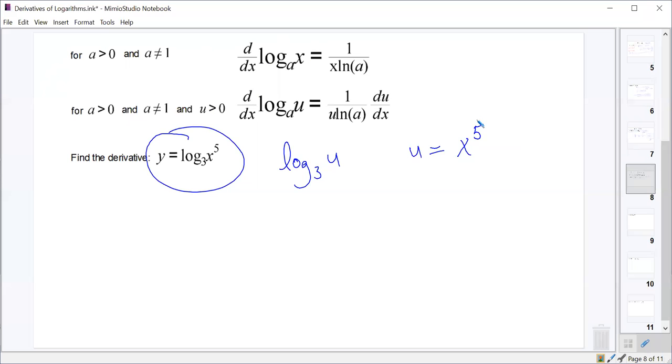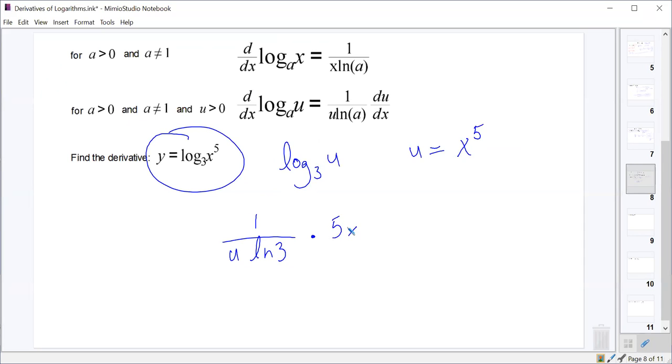Good or no? Good. All right. So the derivative of log base 3 of u ought to be 1 over u times the natural log of 3. And then what should we multiply it by? 5x to the 4th, right?